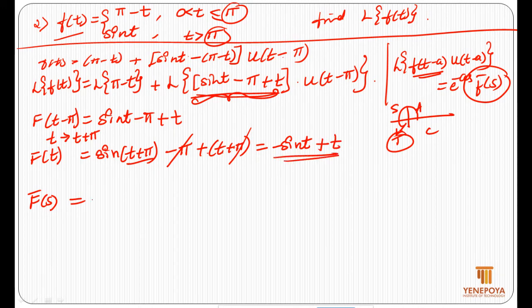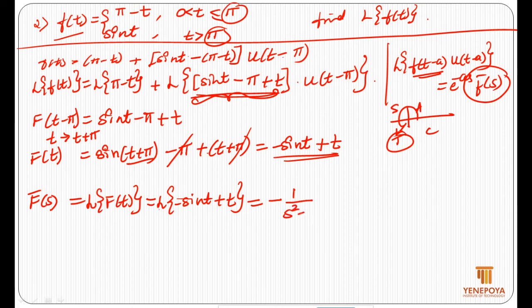F(t). So the Laplace transform of F(t) is F̄(s), that is the Laplace transform of −sin t + t. The minus sign I'll take out. Laplace transform of sin at is a by s² + a², and since a is equal to 1, it is 1 by s² + 1, plus the Laplace transform of t, which is 1 factorial divided by s^(1+1), so s².